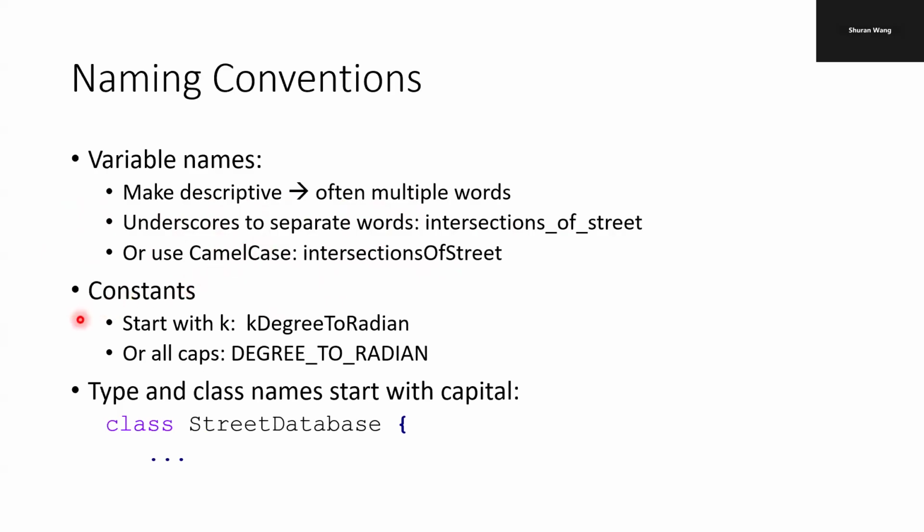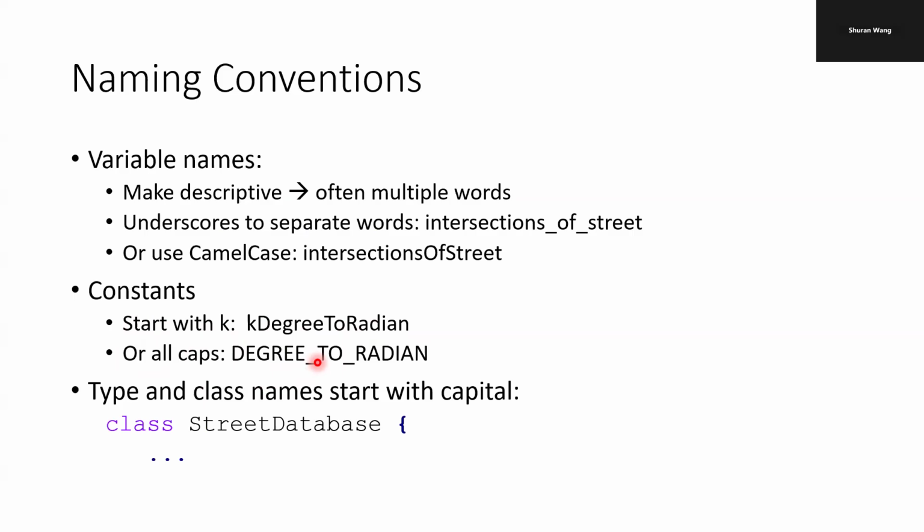For constants, discuss amongst your team whether you want to use starting with a K, camel case, or all capitals. Yes, just for variables. For the functions that you need to implement, yes, the names are fixed.